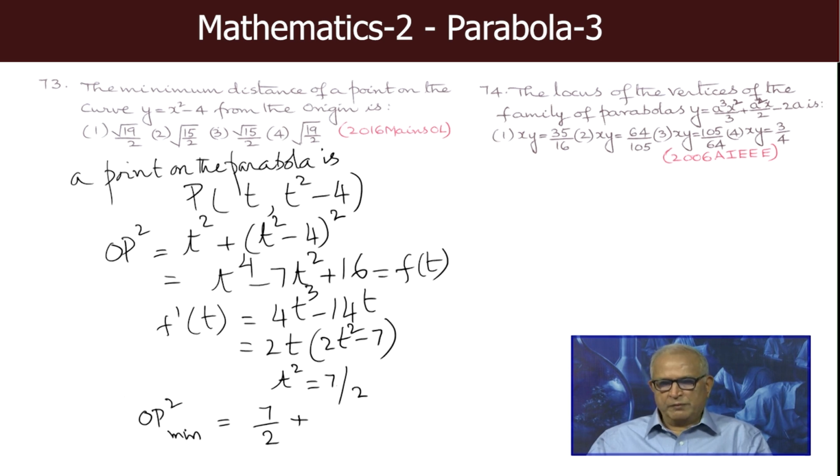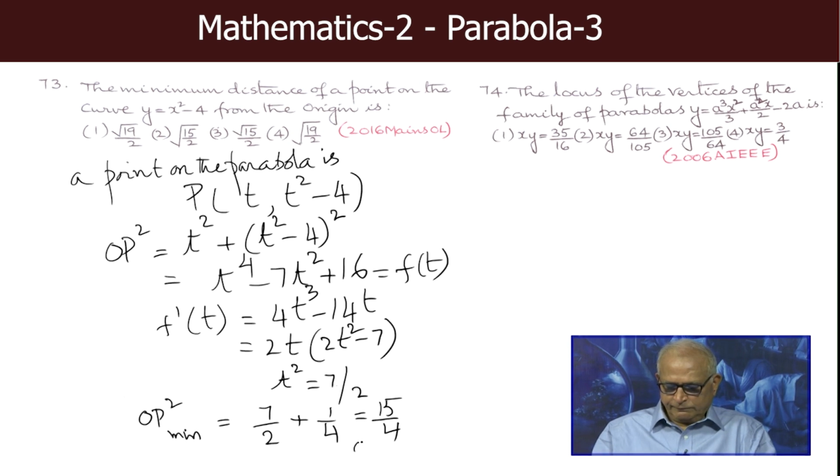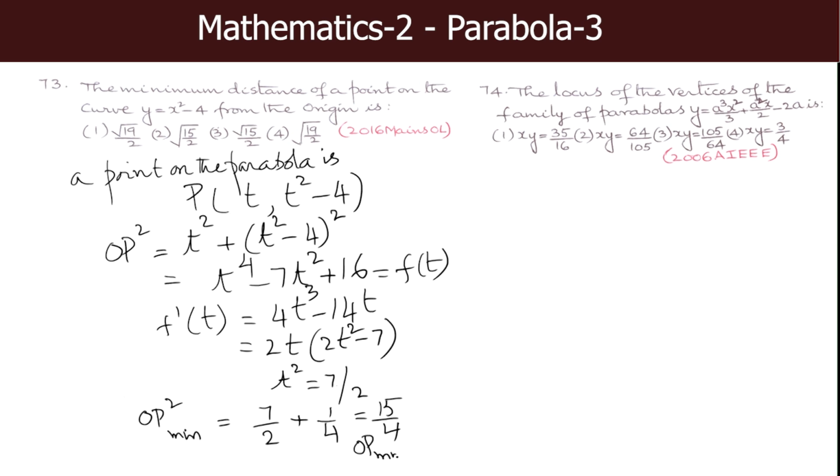That is minus half, whole square, 1 by 4, so 15 by 4. So, minimum value of OP square is 15 by 4. So, what is OP minimum? Root 15 by 2. So, that is of course the third option.